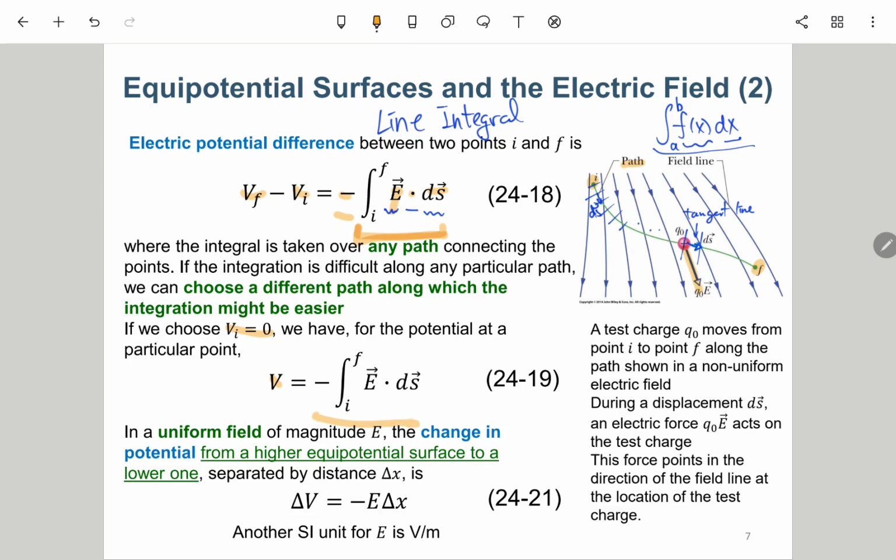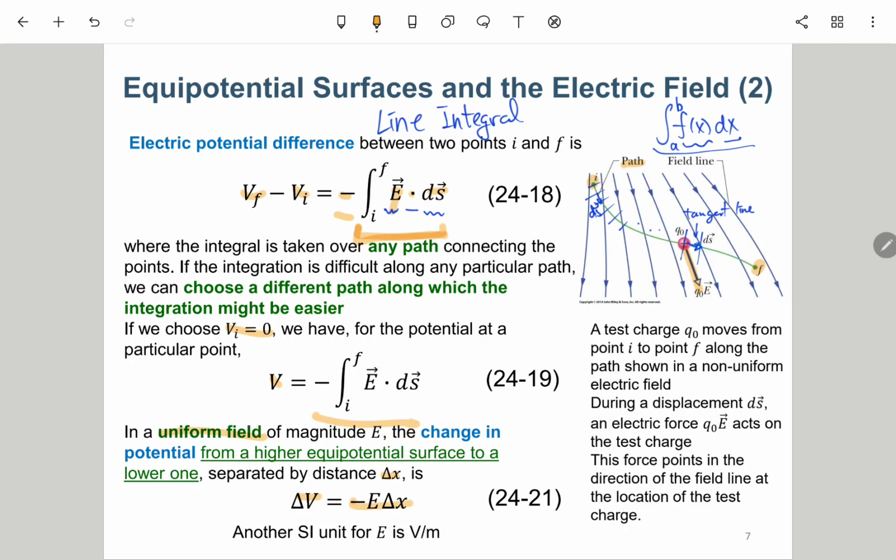This is a line integral, so you probably shouldn't have seen it in high school physics, but in high school physics you probably also learned electric potential and electric field. In that sense, if we assume the E field is uniform, pointing in the same direction, then the change in potential from a higher potential surface to a lower one separated by distance delta x is delta V equals negative E delta x.